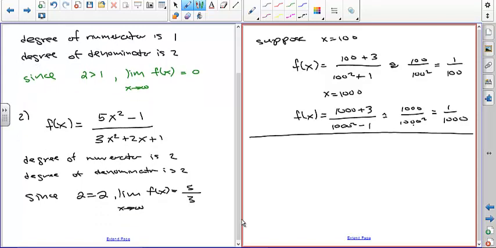In the second case, let's say x equals 1,000 here.